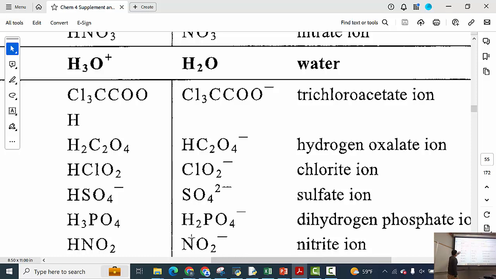This is oxalate, which is going to make oxalic acid. Maybe not quite ready for it yet.